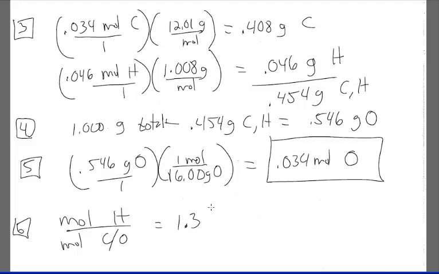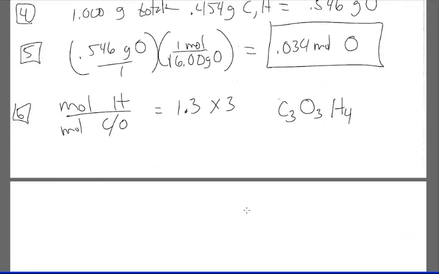If you multiply this by 3, you'll get a whole number, pretty close to a whole number. And so you multiply it times 3, and the smallest whole number ratios would be C3O3H4. You'll find that it's a ratio of 3 to 3 to 4. This one times 3 will give you that ratio. Okay.